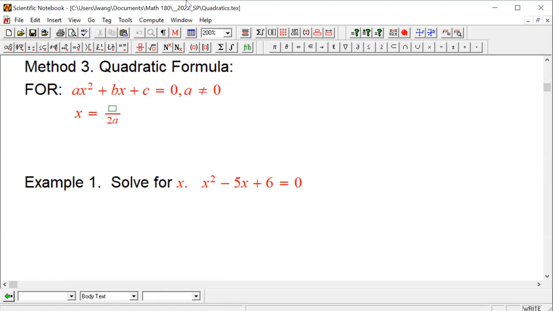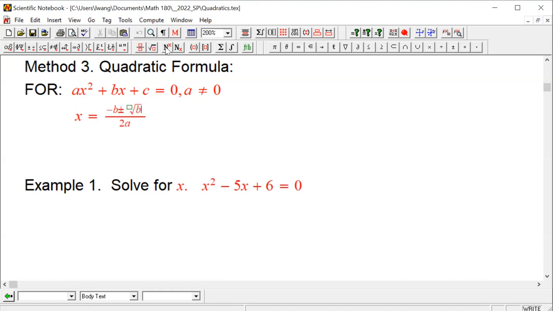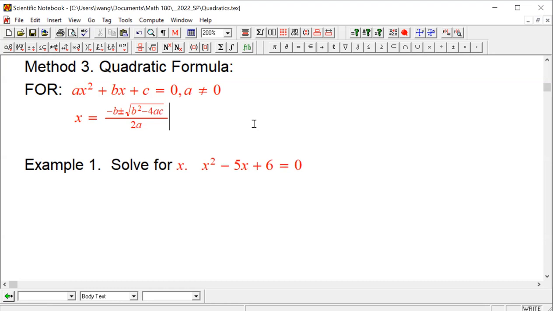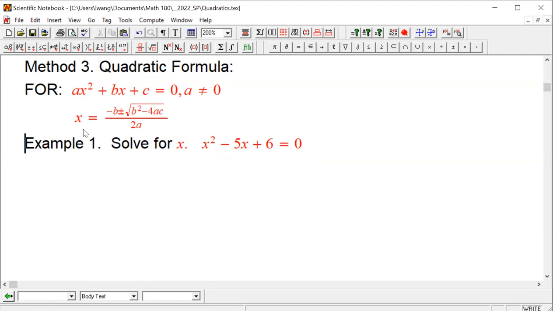On the top is negative b plus or minus the square root of b squared minus 4ac. So that's the quadratic formula. If you just stick to the quadratic formula, you can solve any quadratic equation regardless.